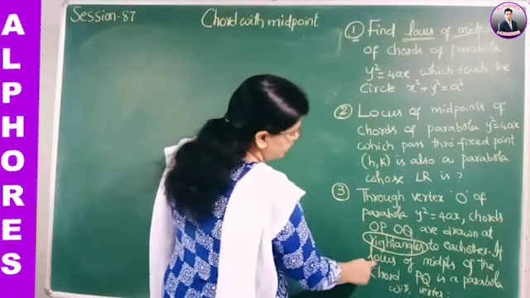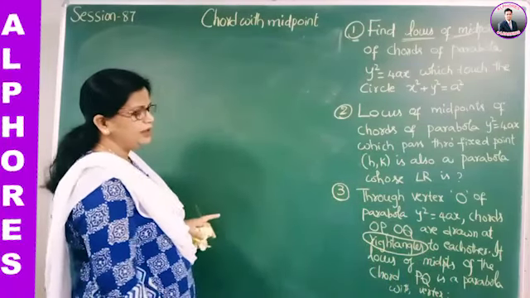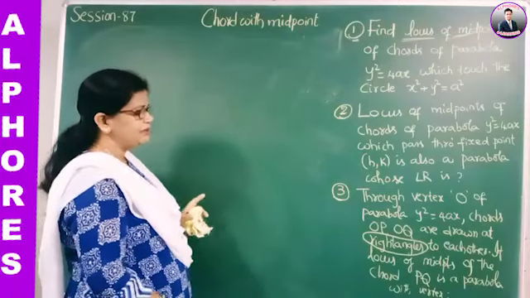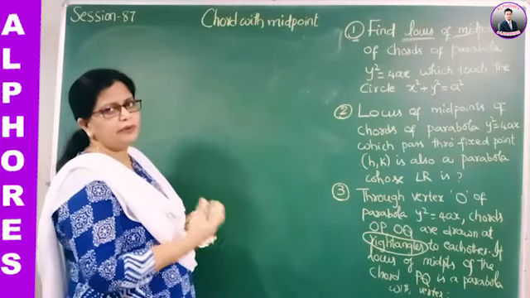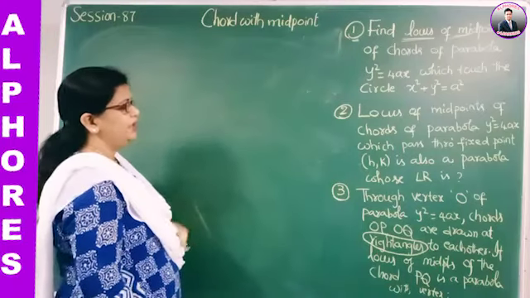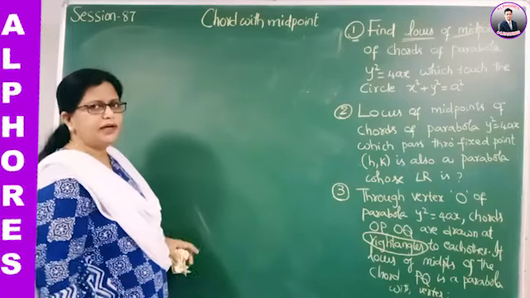Also, if the locus of midpoints of chord PQ is a parabola, then what is the vertex of that locus? Sometimes they ask about the focus of the locus, or the latus rectum, any value they may ask here. First of all we have to get the equation of the locus.